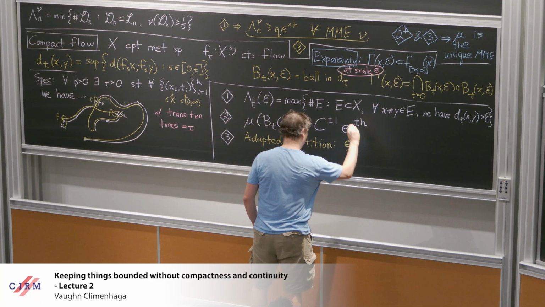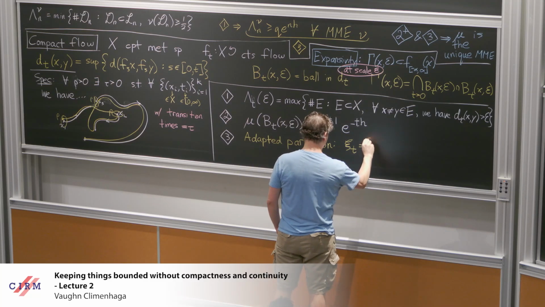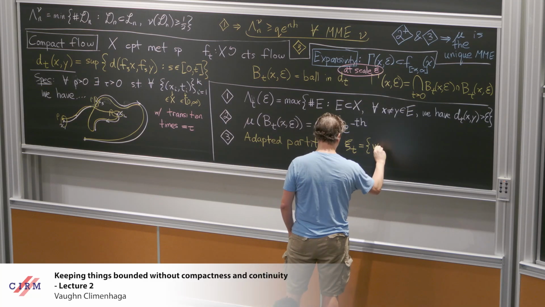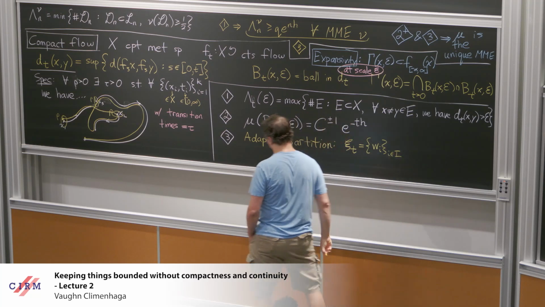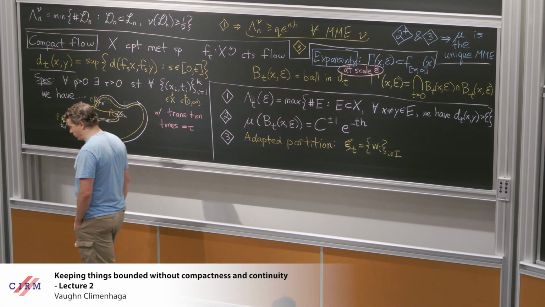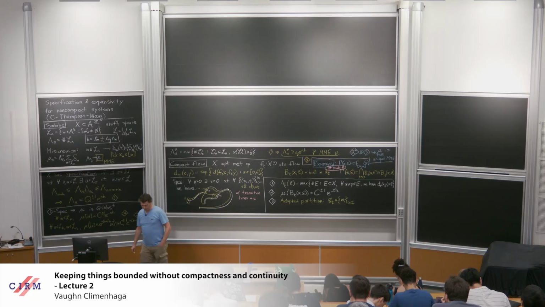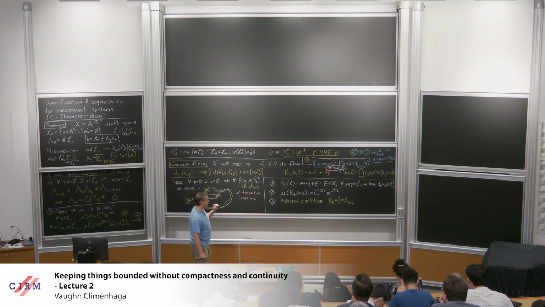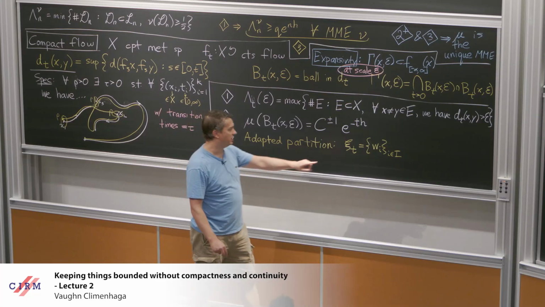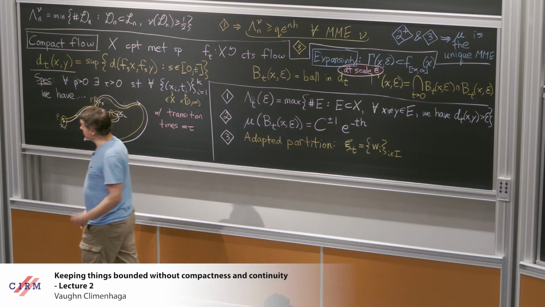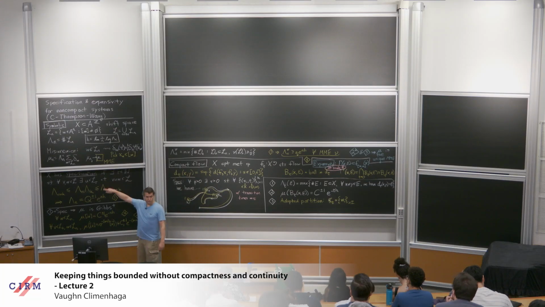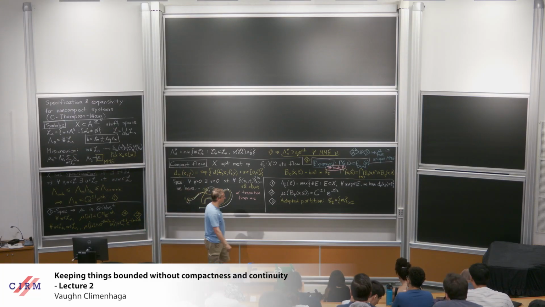So, a partition psi t will be called adapted if the following is true. So psi t is some partition, it will in fact be finite, of my space X. I will denote the elements of the partition by W_i. You should think of them as being analogous to the words, which we had in the symbolic setting.